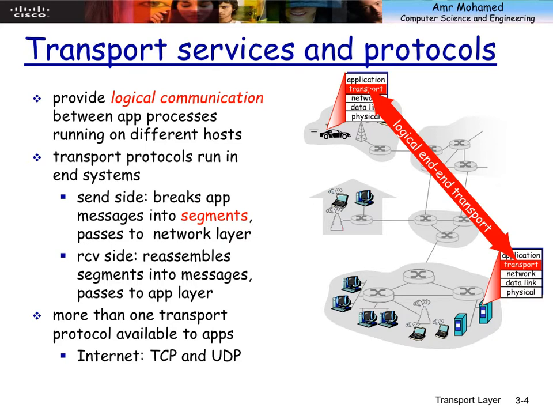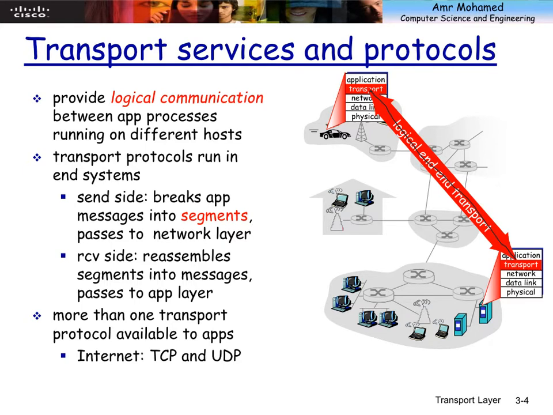We call it an endpoint, which is identified by a port number, and in many cases by a port number and IP address. So the transport layer protocol provides the logical end-to-end communication between two transport layer protocols, and it maps or interfaces the application to the network.